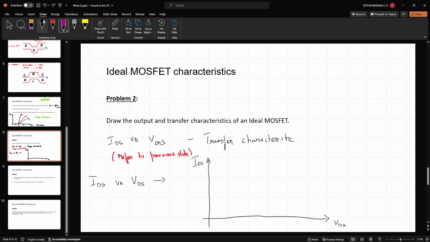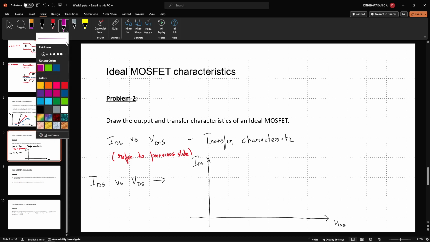Let me just redraw the axis once again so that there isn't any confusion. This is slightly better. What I will do is make the thickness a bit higher.